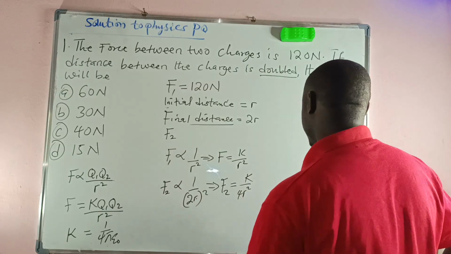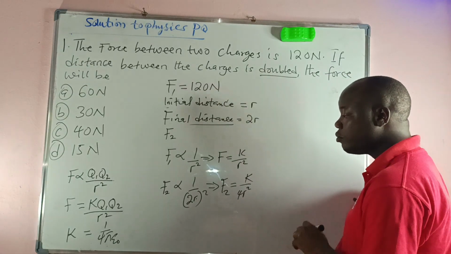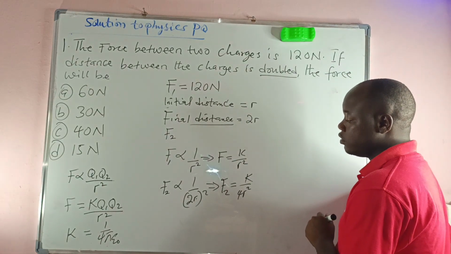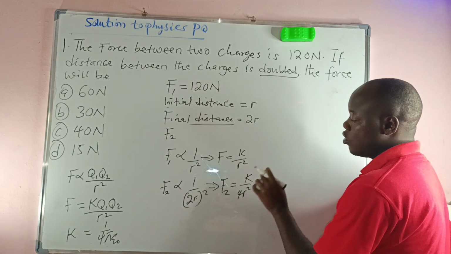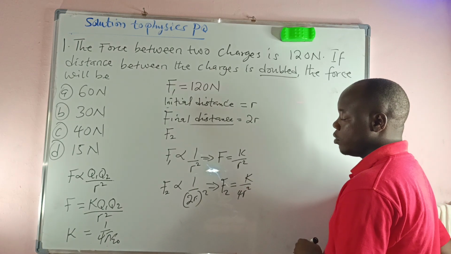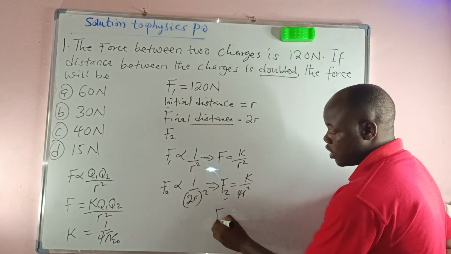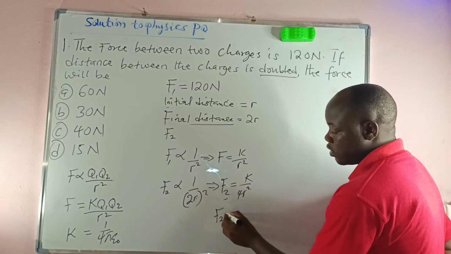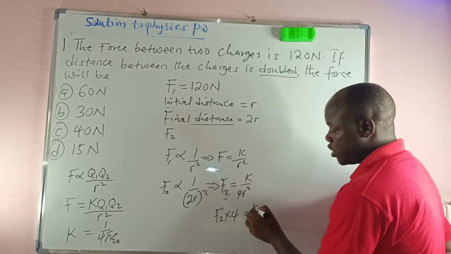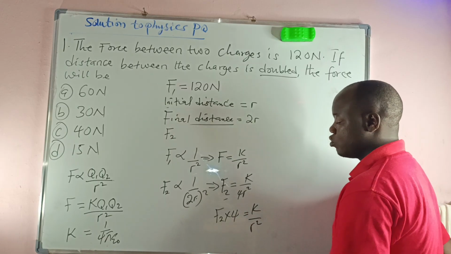So what do we do next, ladies and gentlemen? I think it's simple. We can now make K all over r square the subject of the formula. So we can say F2 times 4 is equal to K all over r square.